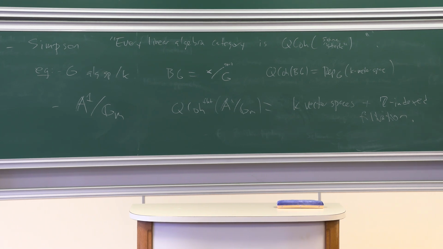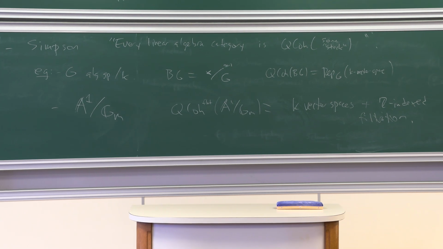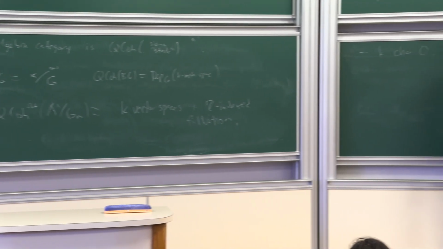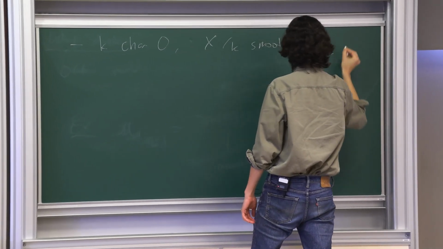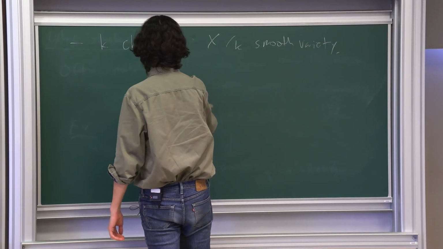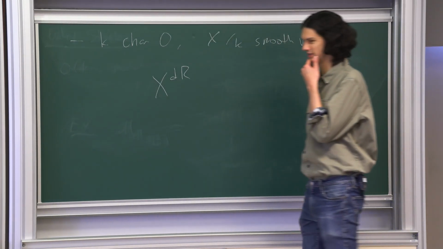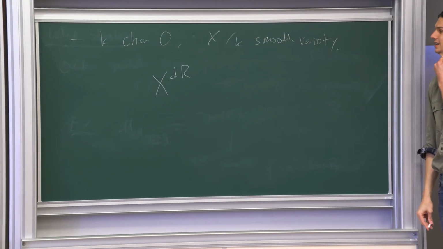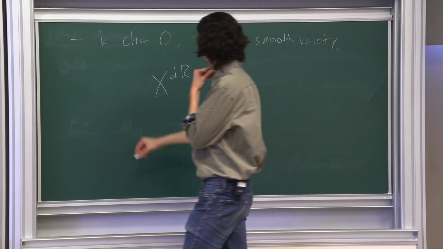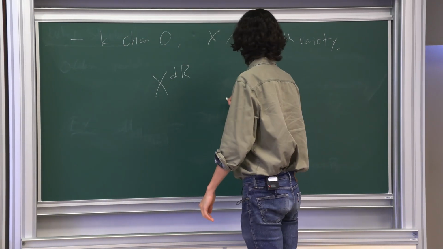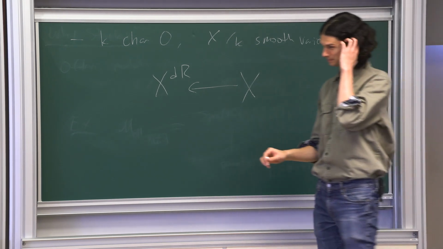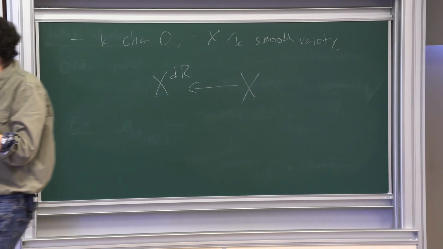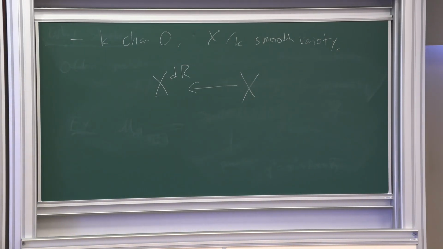So let's say K has characteristic 0, and X over K is a smooth variety. Then you can form, and Simpson did, what's called the de Rham stack of X. And what is it? Well, it's presented by taking X and modding out not by a group action, but by just some equivalence relation.